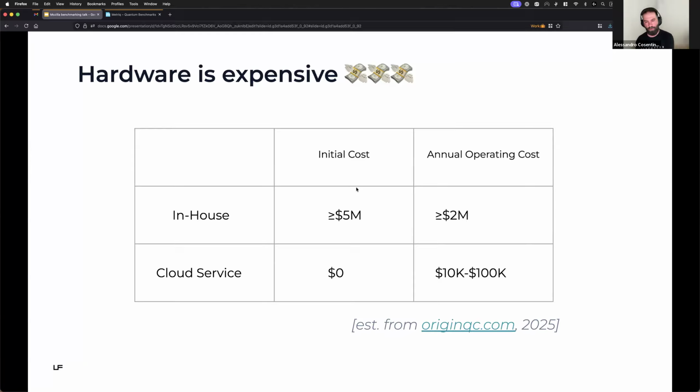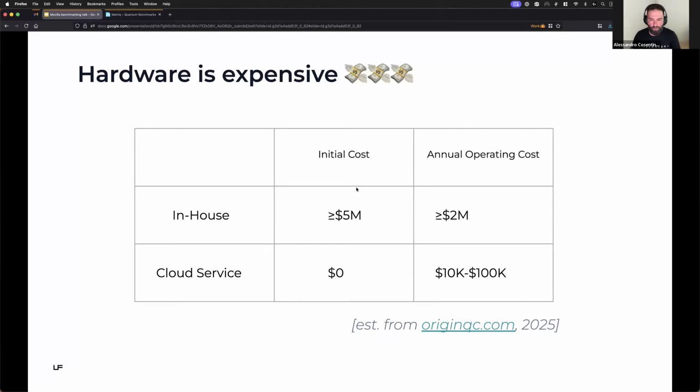It's a very average slide, with very average numbers based on all the technologies I was talking about and all the things that exist right now. But pretty much the initial cost of having something like that in your lab would be $5 million. Operating it would cost $2 million every year.